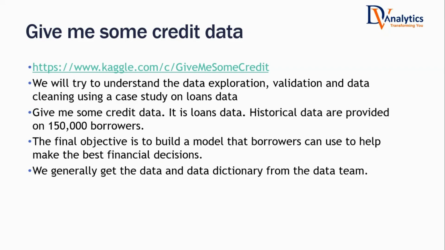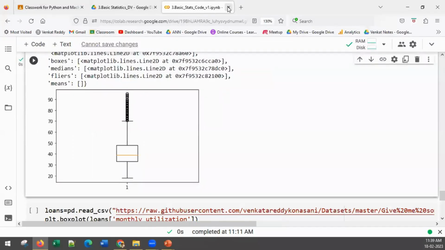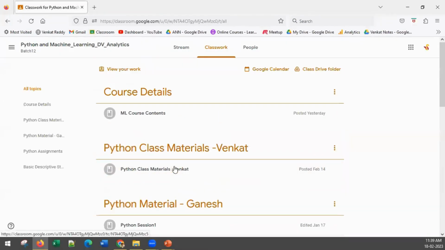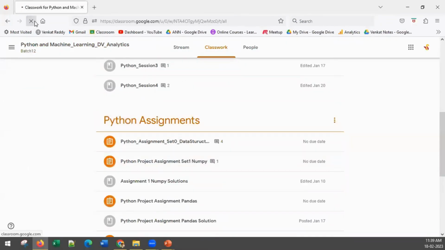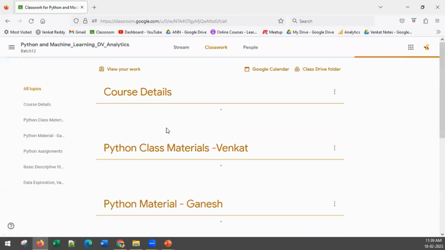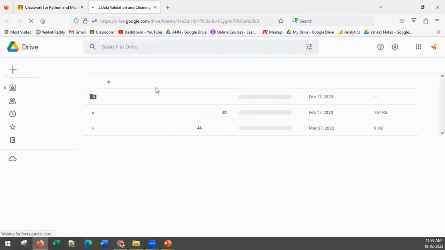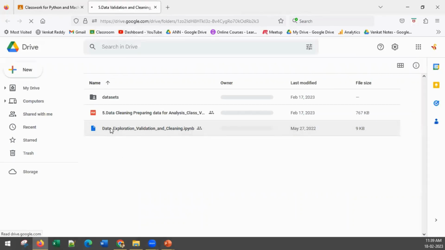First, let us get this data into our system. If you go back to our classwork and refresh this, there's one more section that is added: data exploration, validation, cleaning. This is a code file.